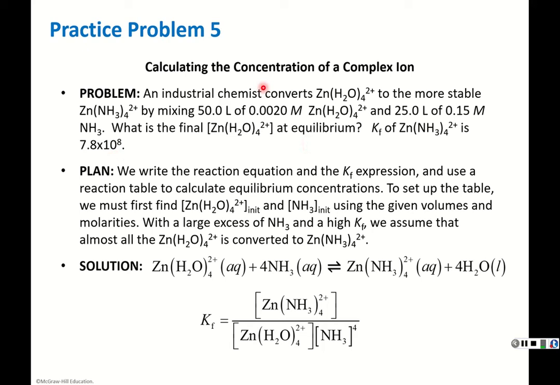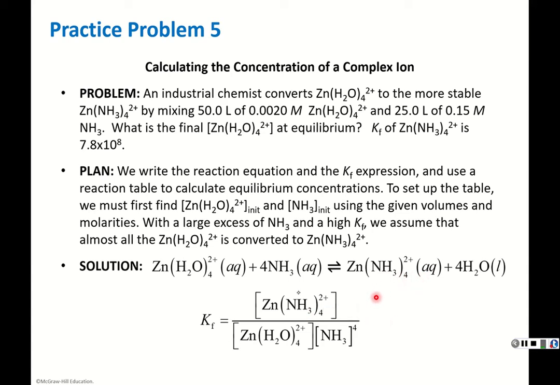So what is that? Kf is a formation constant. Okay, so you can write this reaction that's occurring down here, right? We have our soluble zinc H2O4. You're adding NH3 to that, and you're forming your complex ion zinc NH3 and the formation constant for this.